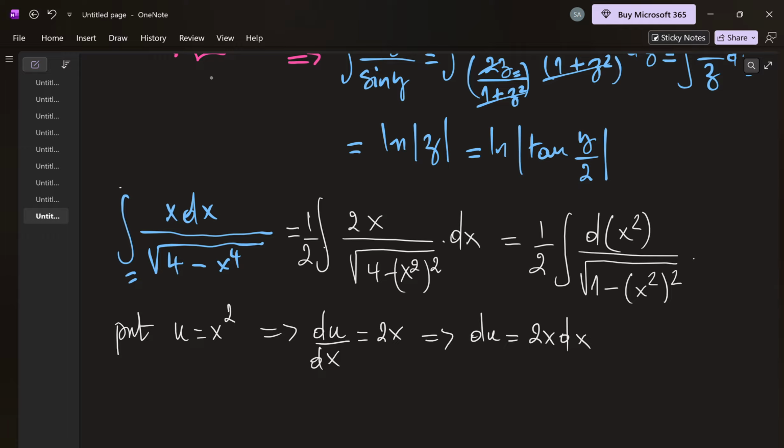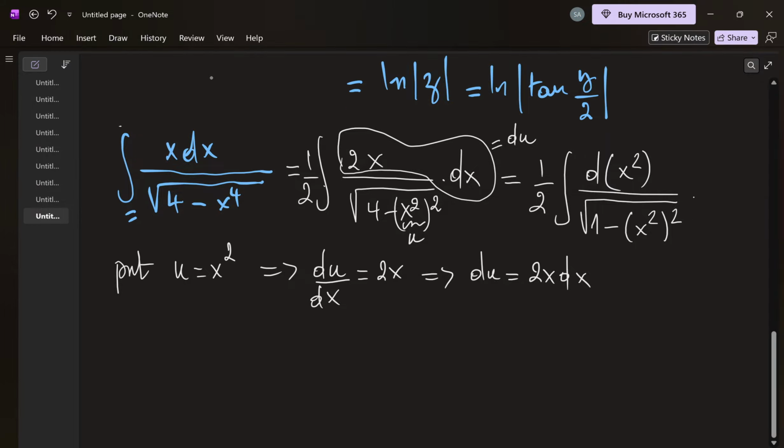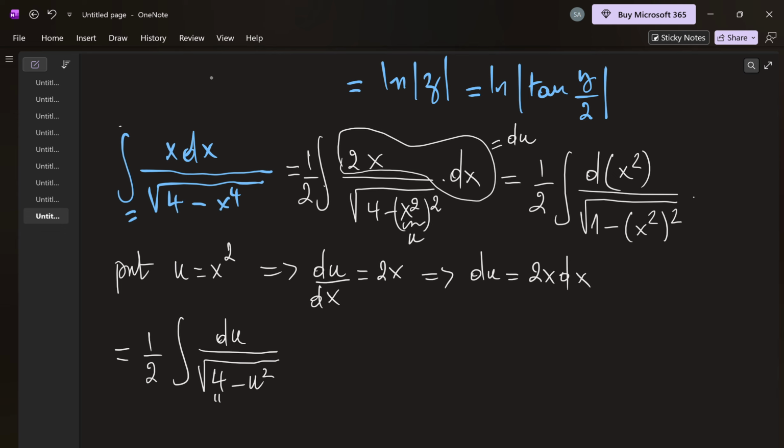So we substitute here, which is simply this part. So this is equal to du, and this x squared is equal to u. So this is equal to 1 over 2 the integral of du over the square root of 4 minus u squared, and this 4 is equal to 2 to the power 2.